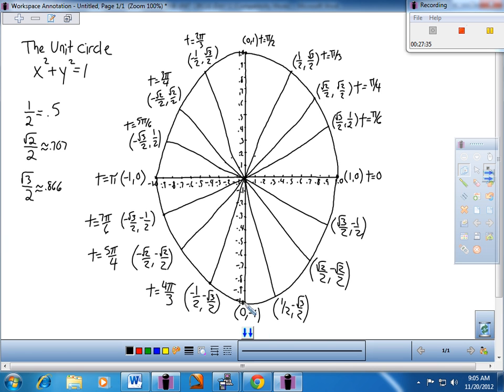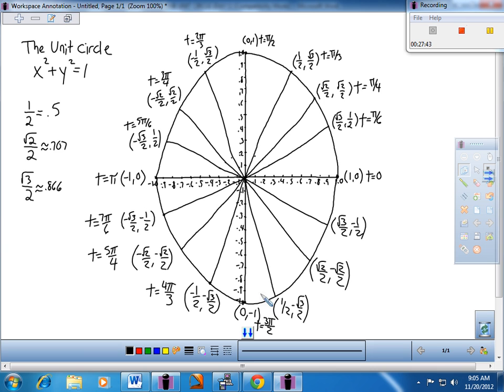So if you've gone 3/4 of the way around the unit circle, that would be 270 degrees. And as we all know, 270 degrees is 3 pi over 2. So that's at the bottom. 3 pi over 2 units puts you at the bottom of the unit circle. And in the fourth quadrant, everybody, think about it. Do you feel like this is going to be a 3, 4, or 6?